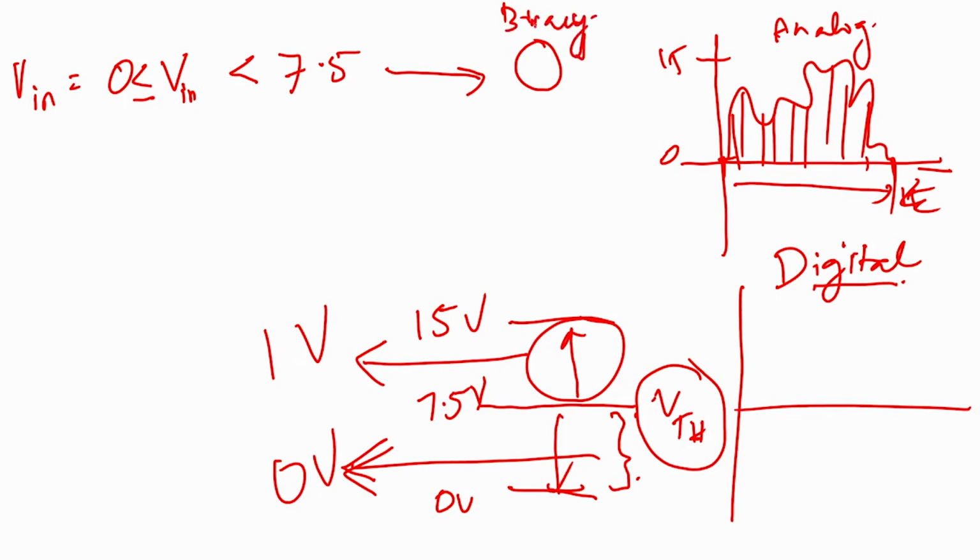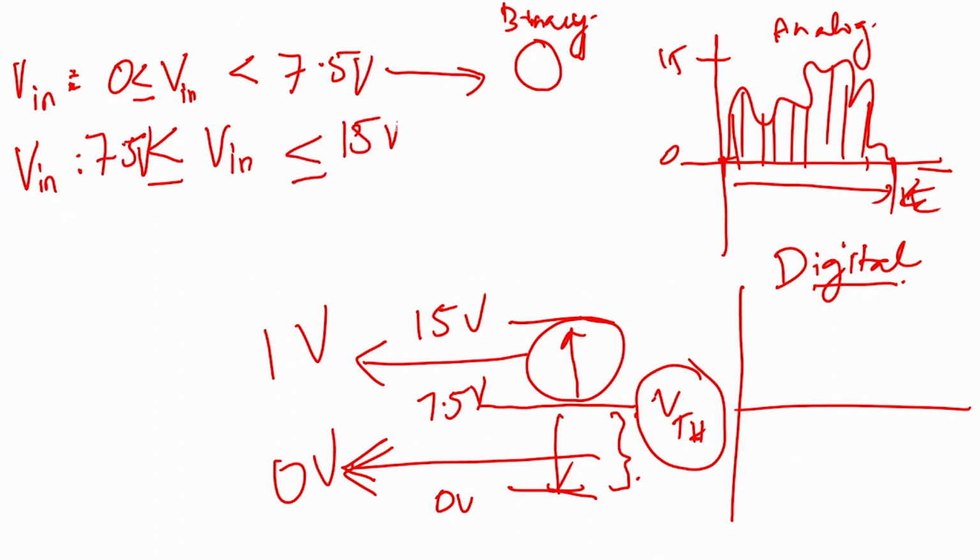Now, let us say V in is greater than or equal to 7.5 volt and less than or equal to 15 volt, we will translate it to binary 1. Cool. So, this is a fundamental idea, correct.